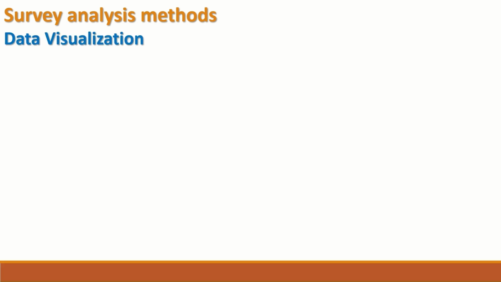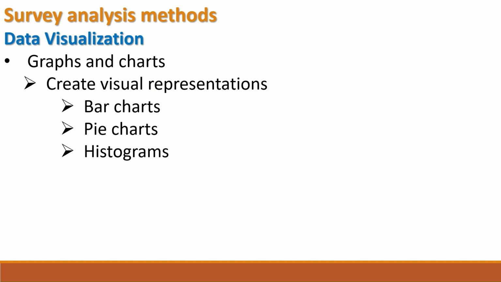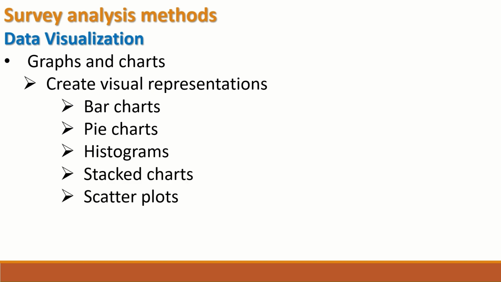An additional way also to analyze the data is to visualize your data via graphs and charts, creating a visual representation for the data or sections of the data using a bar chart, pie chart, histogram, stacked chart, scatter plot, and line chart.